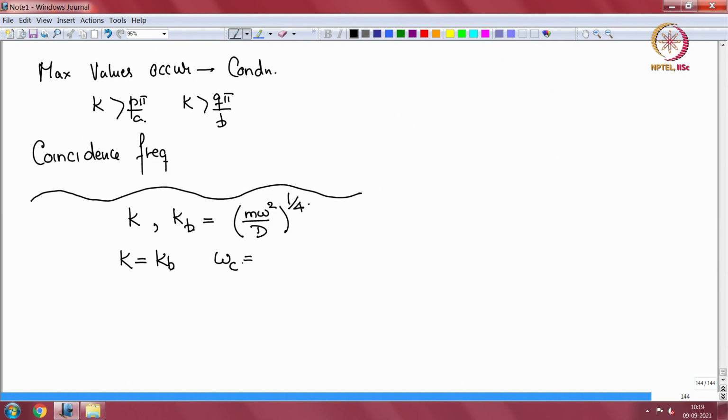Now kb is the free wave number in the infinite medium.